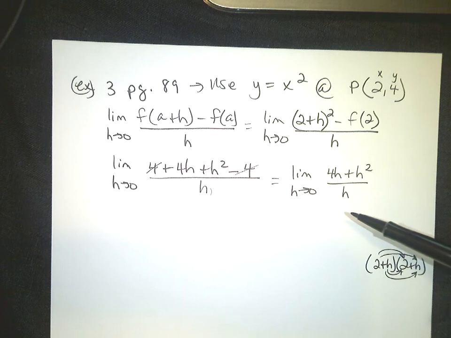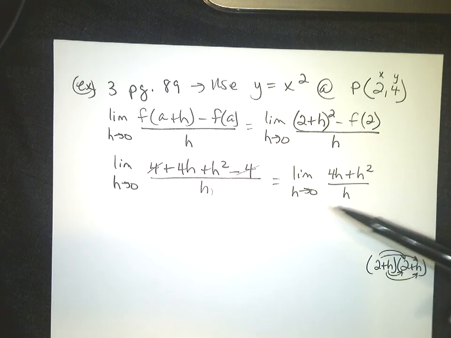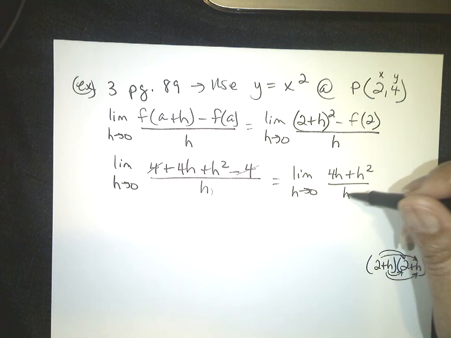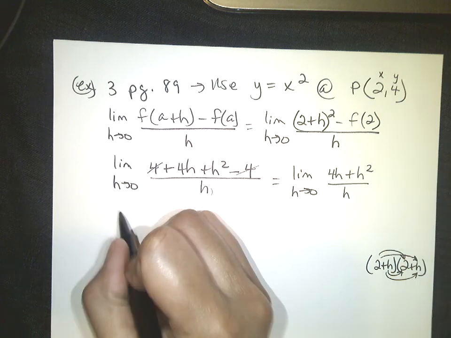So again, you're working all this down like we did when we were doing factoring limits. You're going to work all this down so that you can plug in h into the denominator where it does not equal 0. So this has an h, this has 2 h's, this has 1 h. So you can take out an h.